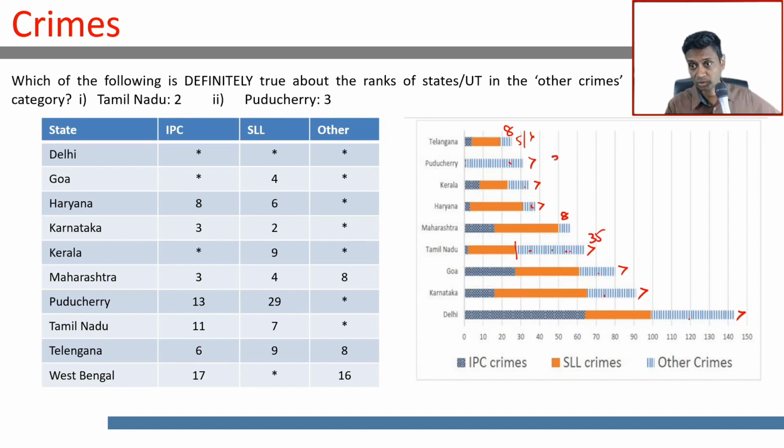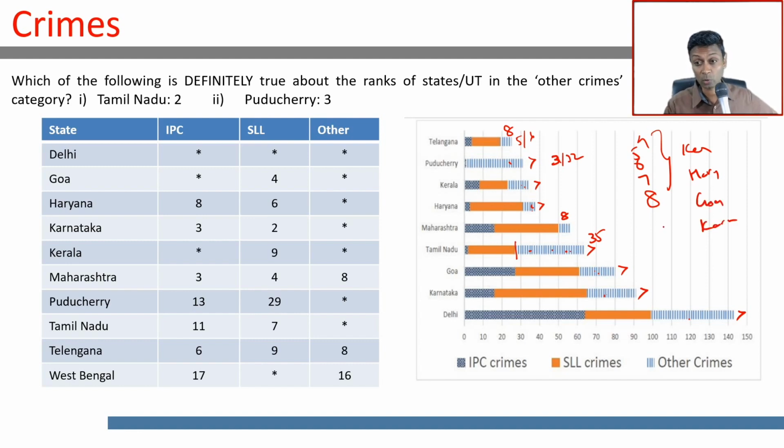Puducherry is 31 or 32. And so Kerala, Haryana, Goa, Karnataka are definitely less than this. And Karnataka is only 20 something. So from 8, if you go up, 7, 6, 5, 4 are taken. These should be Kerala, Haryana, Goa, Karnataka.